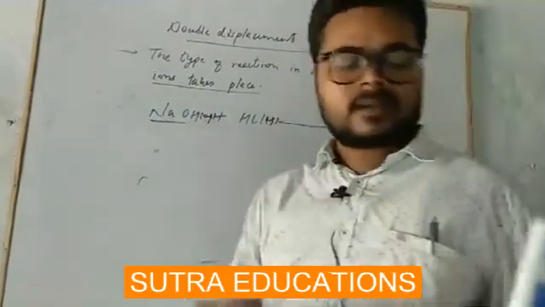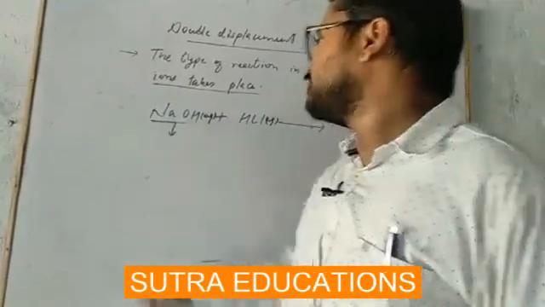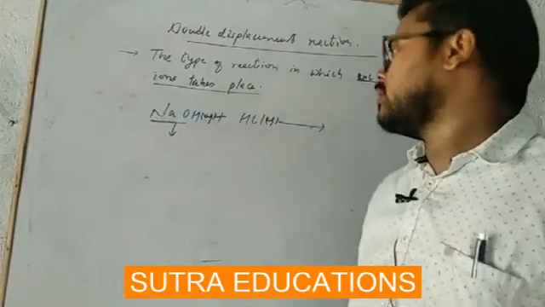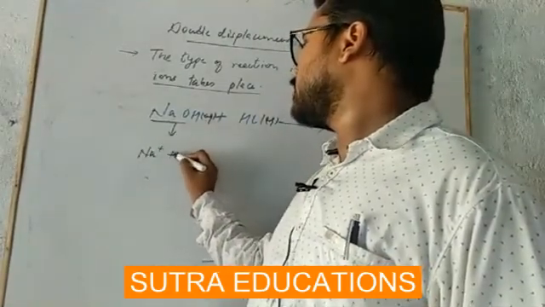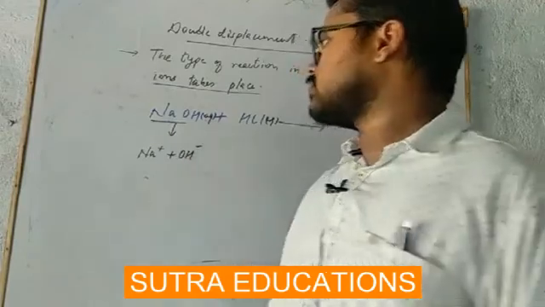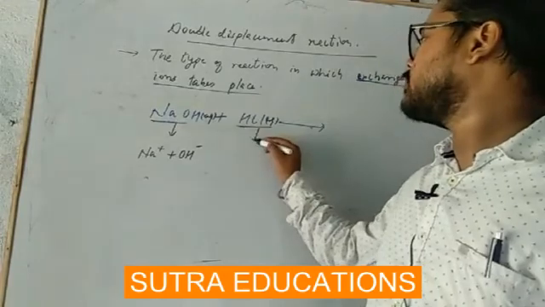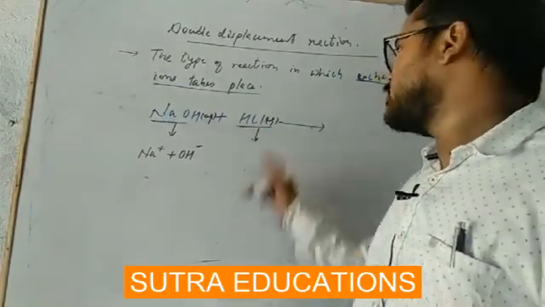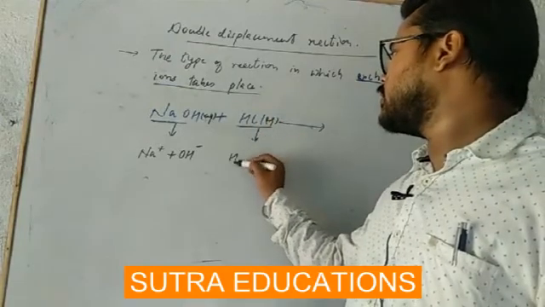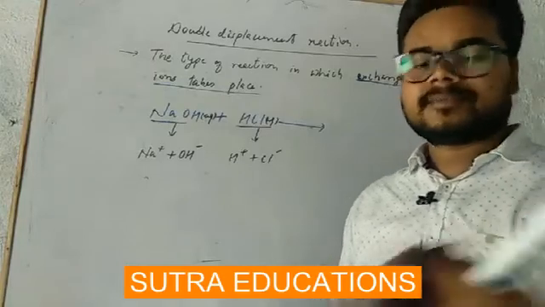So this NaOH, when mixed with water, gets ionized into Na plus and OH minus. And when this HCl is dissolved in water, it ionizes into H plus and Cl minus. Now what happens?